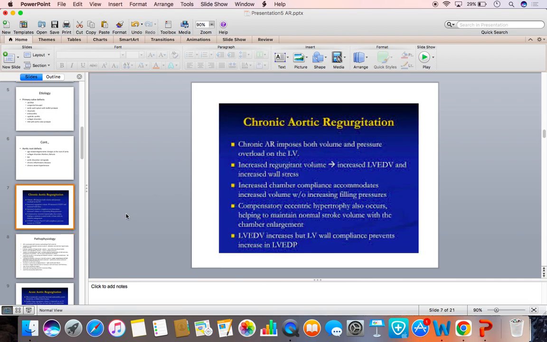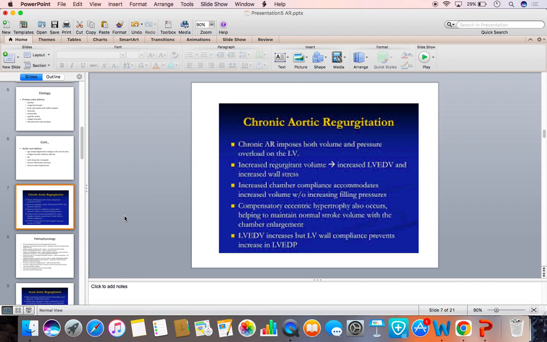Then what happens in aortic regurgitation? What are the abnormal hemodynamics? As I told you, there is volume overloading of the left ventricle. Initially, there is good compliance of the left ventricle, well accepting the volume of blood that flows backwards from the aorta into the left ventricle, and also the regular volume of blood that comes from the left atrium into the left ventricle.